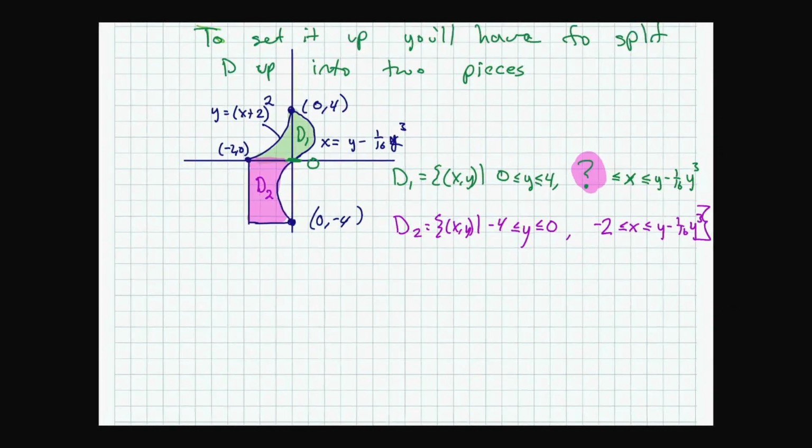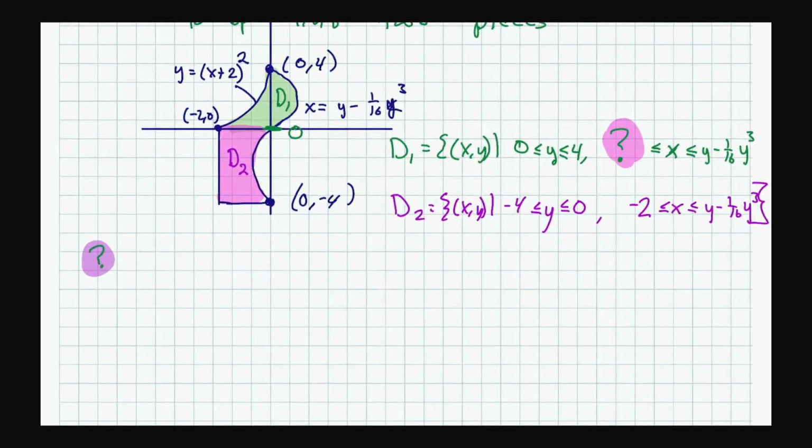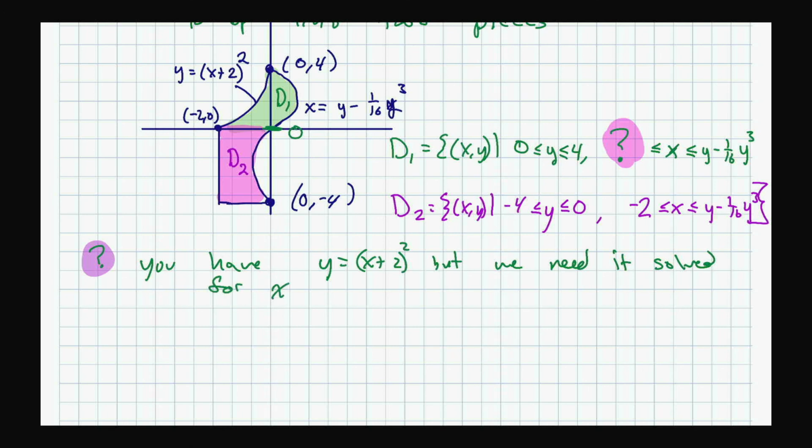Okay. So for the question mark part, you have y equals (x plus 2) squared, but we need it solved for x. Right?